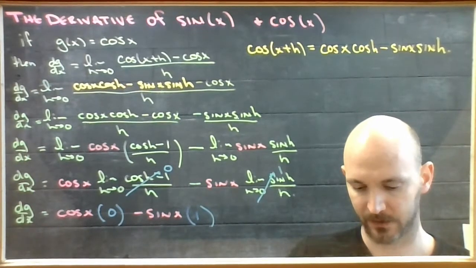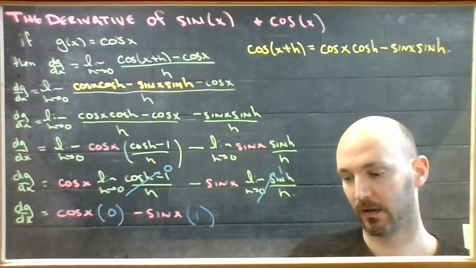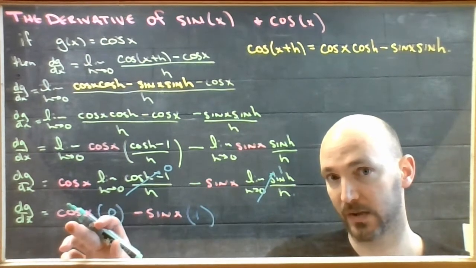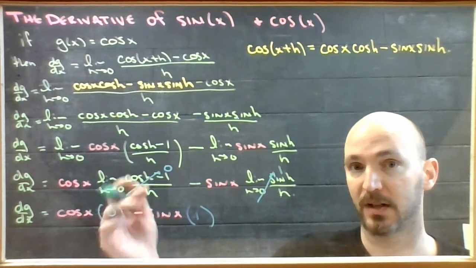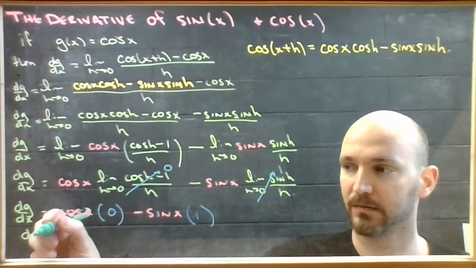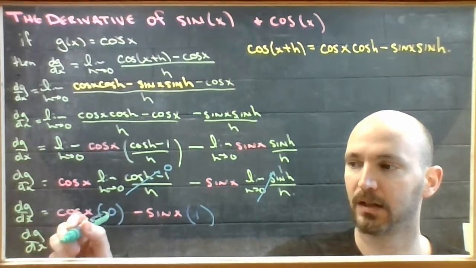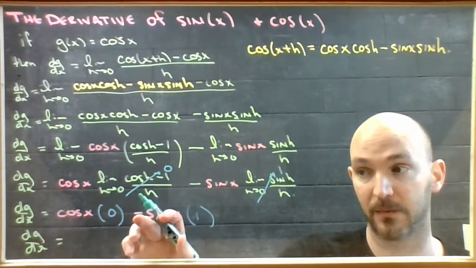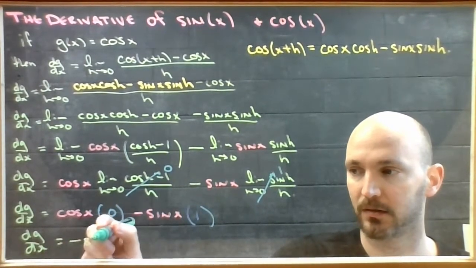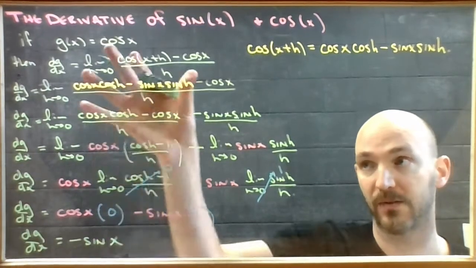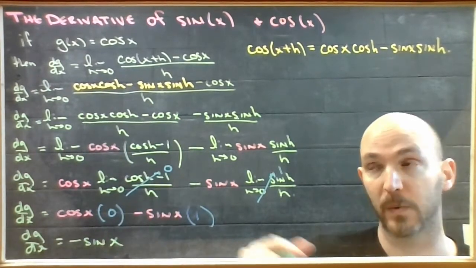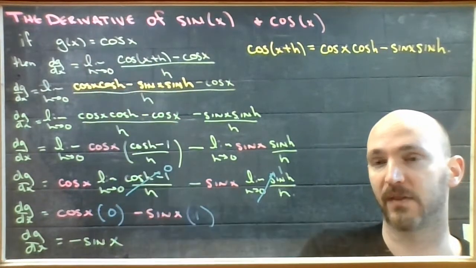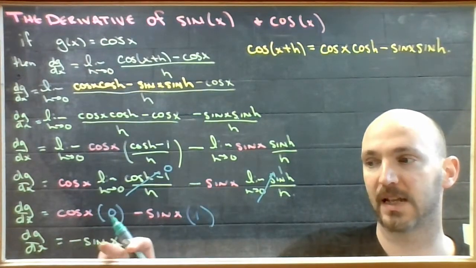So altogether, 0 times a cosine is worth nothing. 0 times anything is 0. So that's gone. And the only thing that's left is 1 times sine, which is just sine, and it happens to be negative. So having gone through the process, I've just shown that if your function is cosine of x, then its derivative is negative sine x.